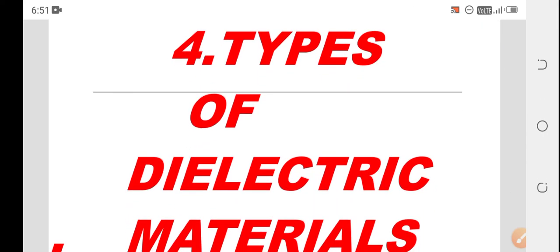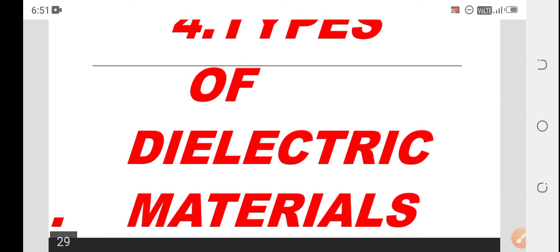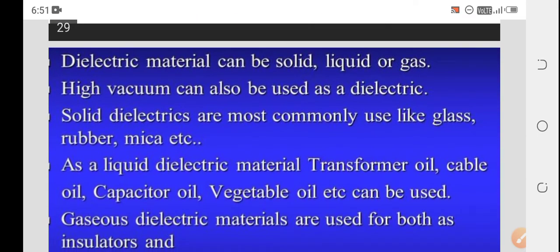Next one, types of dielectric materials. Right now you saw the classification of the dielectric based on the molecules. Now, based on the state of the material, dielectrics are again classified into three types.